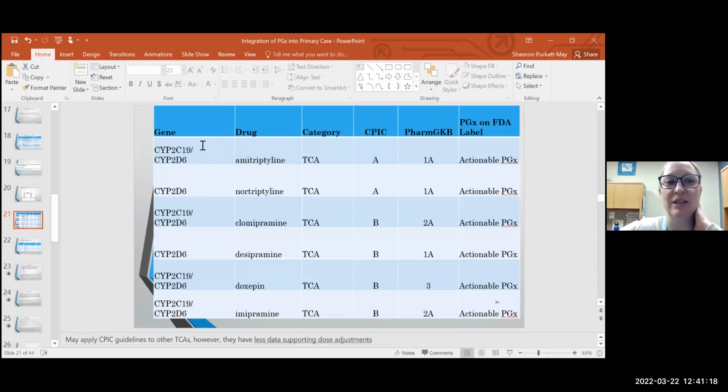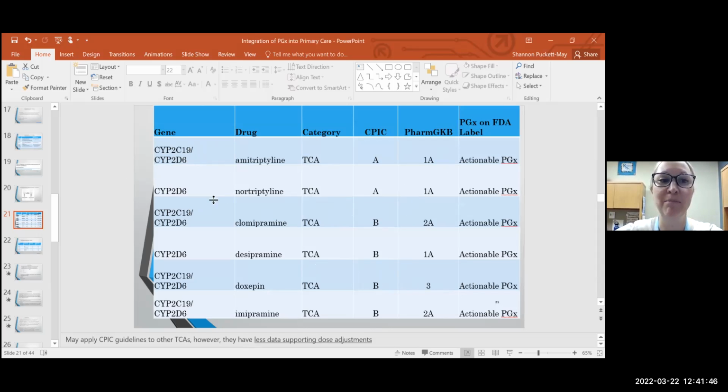It's a really interesting table to me. Usually it involves a 50% dosage reduction or avoiding use either due to tolerability or efficacy. Versus nortriptyline, the only phenotyping that matters is the CYP2D6. All of the tricyclics are actionable for depression. There's less information for neuropathic pain and lower dosing, so do keep that in mind.